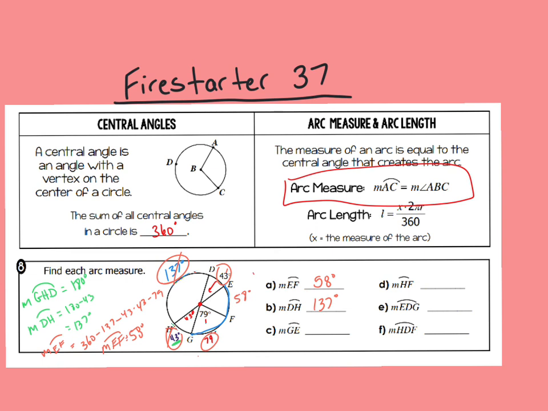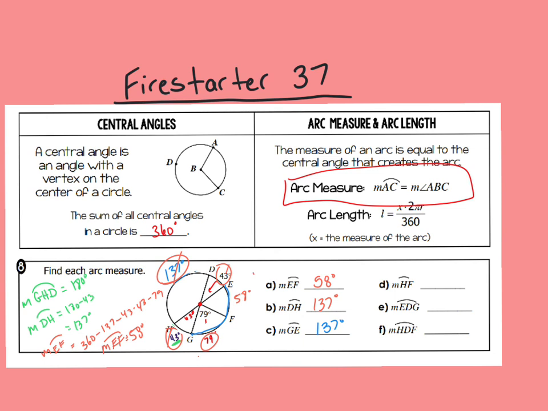I end up with 137. And now if you look, the angle GH, or whatever the center. If you look at that angle, if we say the center is A or something, they're vertical angles. So you could have used that idea to do that one.